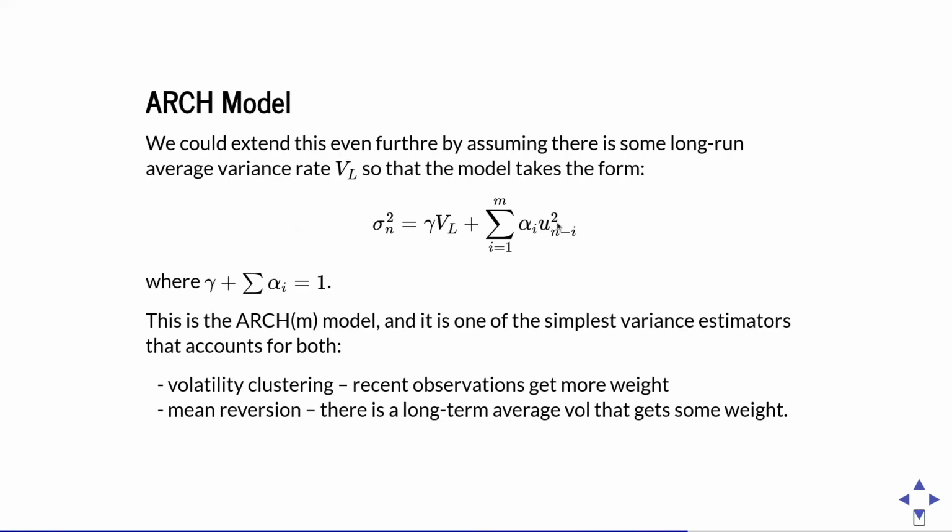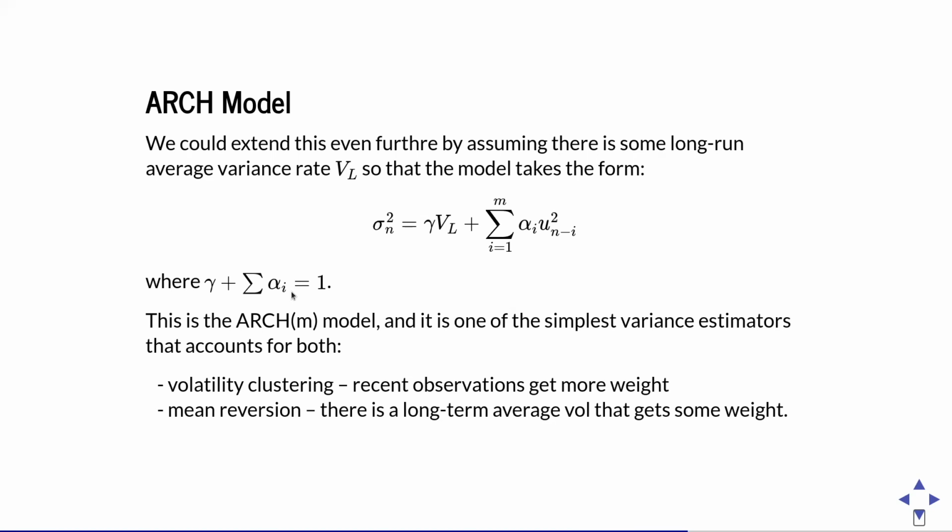We could extend this weighting scheme model even further by assuming that there's some average long run variance. So the model would take this form where you've got your weighting scheme, but you've also got gamma times some long-term variance, and you'll want to make sure that gamma plus all the alphas sum to 1.